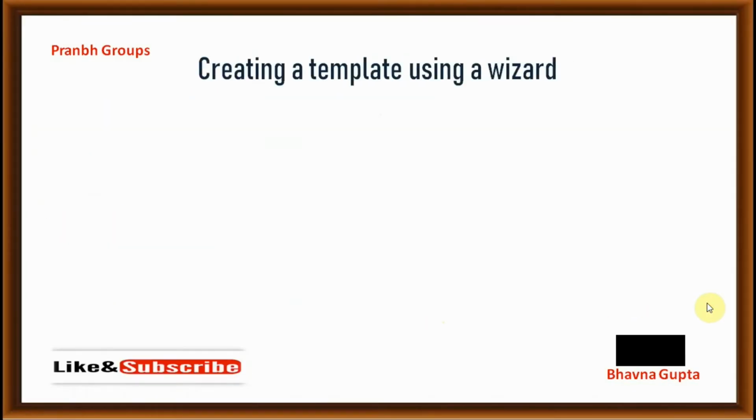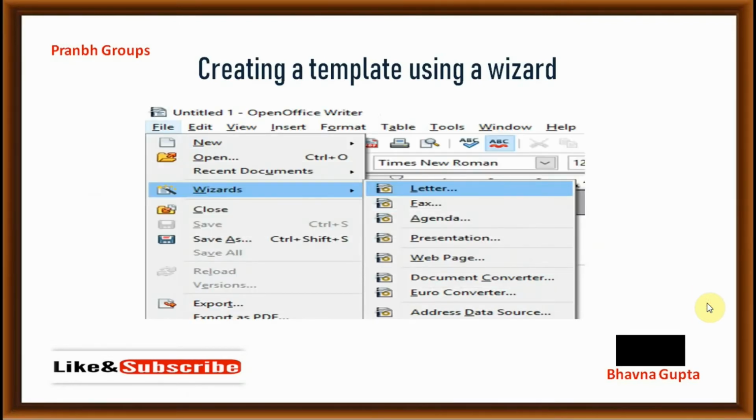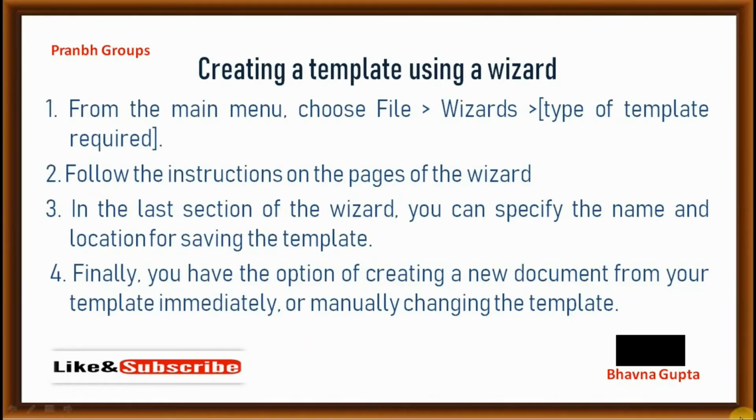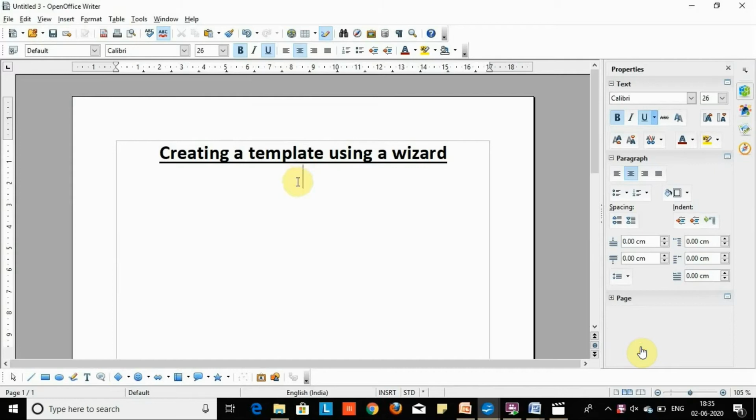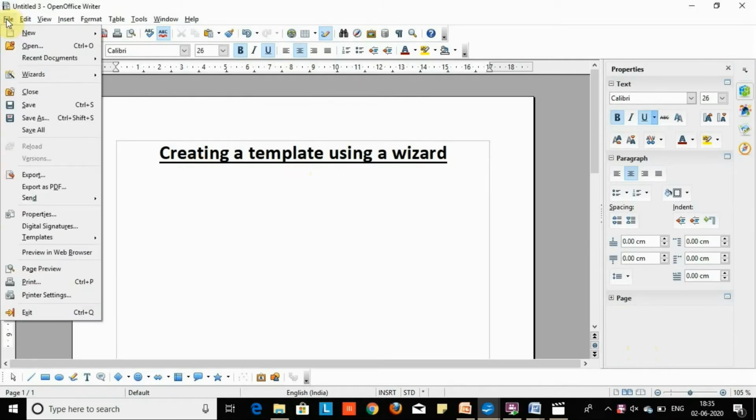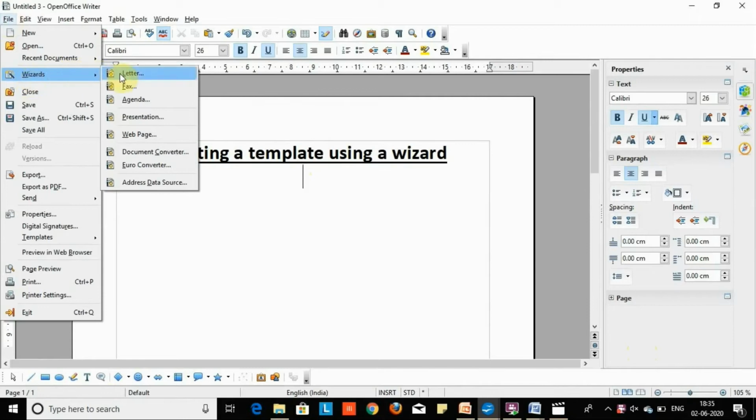And the second way is creating a template using a wizard. You can use the Wizard to create a template for a letter, fax, agenda, presentation, and also a web page. Follow these steps. Firstly, click File, then click Wizard, and here are so many categories of templates like letter, fax, agenda, presentation, web pages, documents, and follow the instructions on the pages of the Wizard.